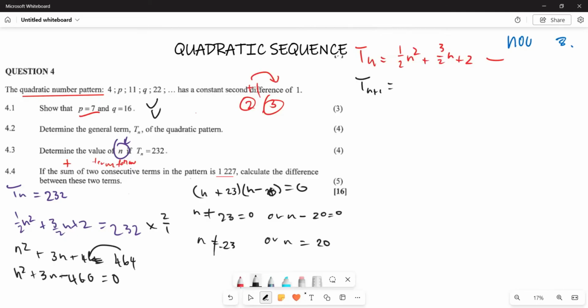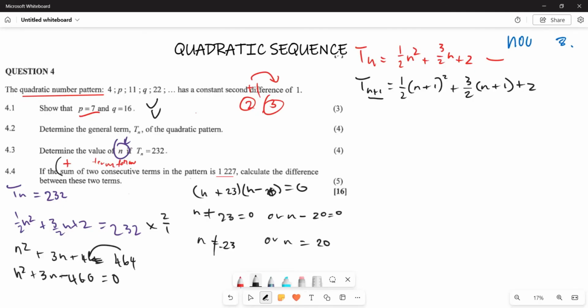Similarly, this is the same as 1 over 2 into n plus 1 squared, because whenever there is n, you are adding 1, plus 3 over 2 into n plus 1, and then again plus 2. Are we together? That is going to be the expression that represents the two consecutive terms, right?